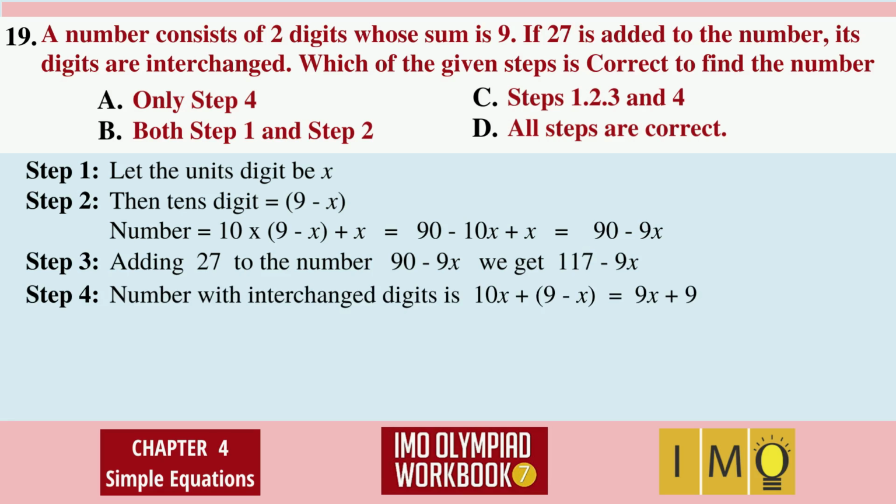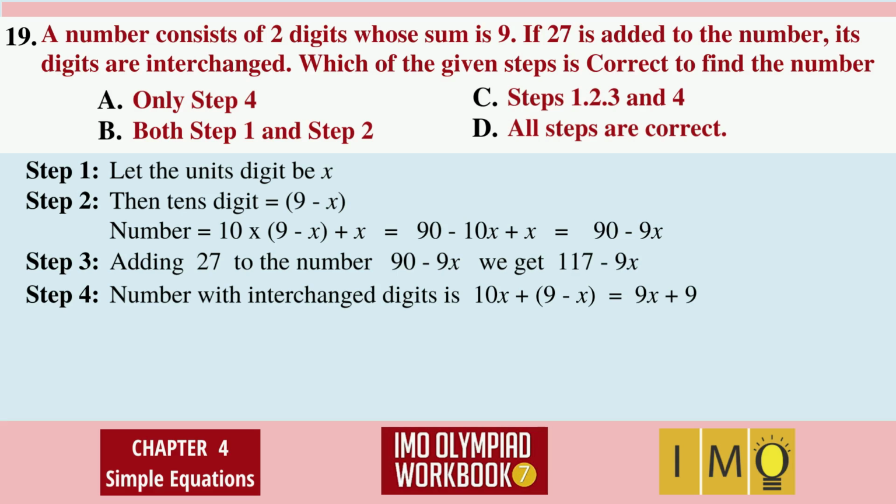Step 4. Number with the interchanged digits is 10x plus 9 minus x. Initially, we considered the units digit to be x and the tens digit to be 9 minus x. Now, since we interchange, the units digit becomes 9 minus x and the tens digit becomes x, and the number itself becomes 10 into x plus 9 minus x, which is equal to 9x plus 9.